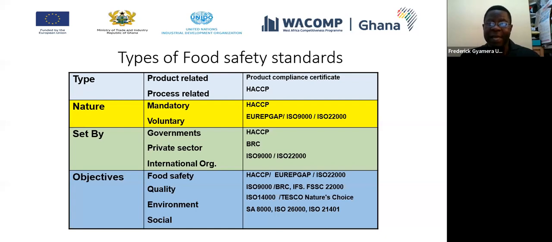The type is related to a product A or product B, or process A or process B. And some of the compliance standards, we're talking about specific product standards, like orange, pineapple, mango. We have a specific product standard for mangoes, for pineapples, for cassava starch, or gari, or tapioca.